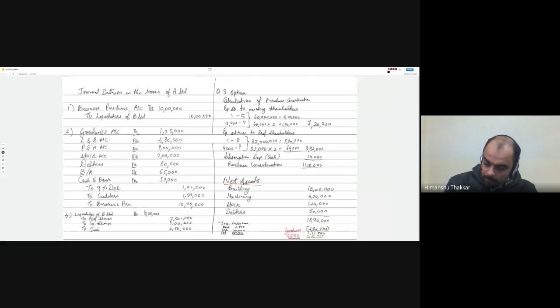Then you can prepare the preference shareholders account, the equity shareholders account, and then the bank account.